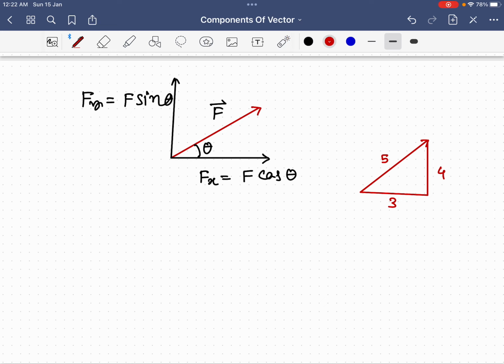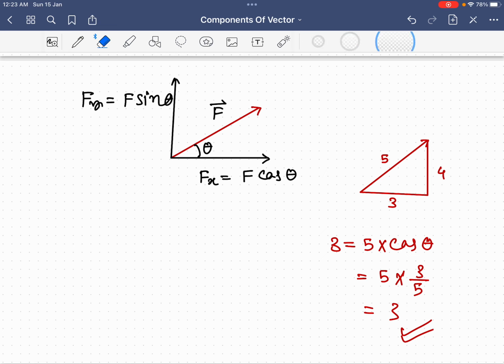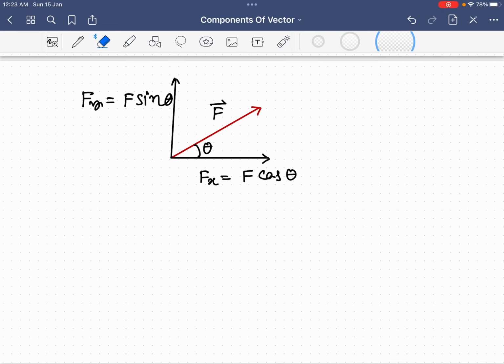Now we say 3 equals 5 into cos theta. Cos theta is 3 divided by 5. 5 into this divided by this, which is 3 divided by 5. This gives us 3. हो गया प्रूफ? बस.